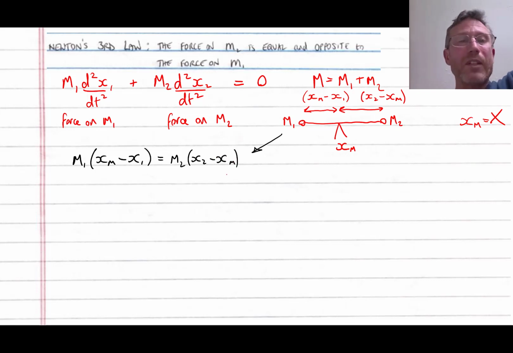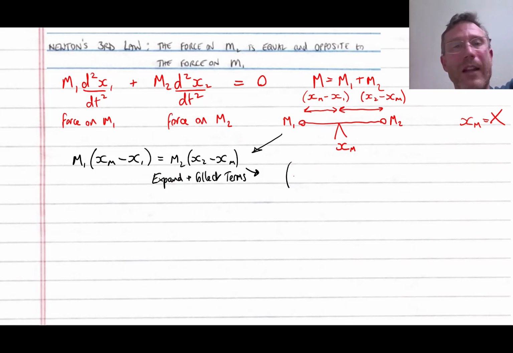So what we now do is expand these brackets and collect the terms. I'll let you do that. But after we expand and collect terms, we're going to end up with on the left hand side, m1 plus m2. Remember, we've got m1 times xm, and we've got m2 times minus xm on the other side.